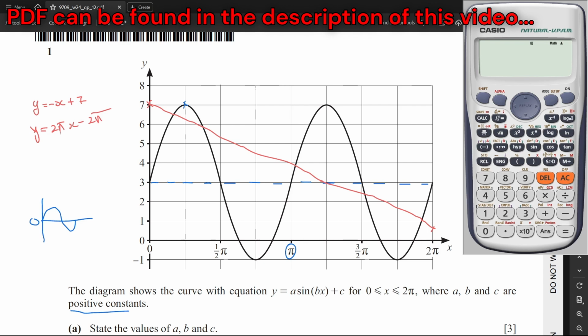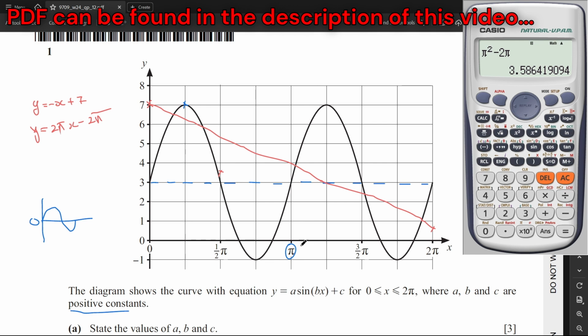So if I do that, 2 pi into pi by 2, so 2 and 2 are going to be cancelled. It's going to be pi square, so pi square minus 2 pi gives us 3.58. Okay, so somewhere over here is 3.5, let's say.